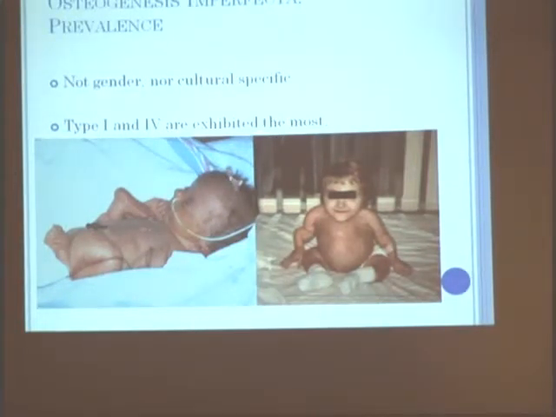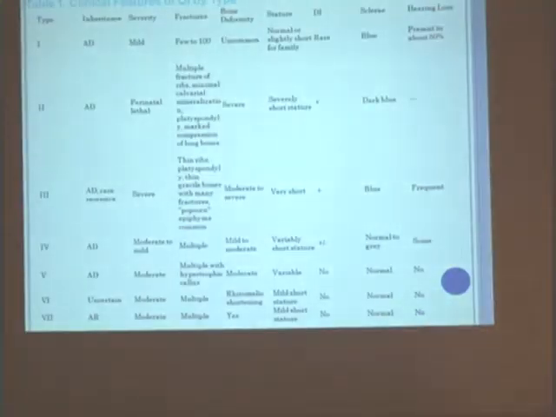Like this one right here is type 1. You see the bones are all wormy and disfigured. And this is type 4, also the same. This is a newborn, and this is, I'd say, 2 months, 3 months, probably even more. So 1 year. So here's a chart.